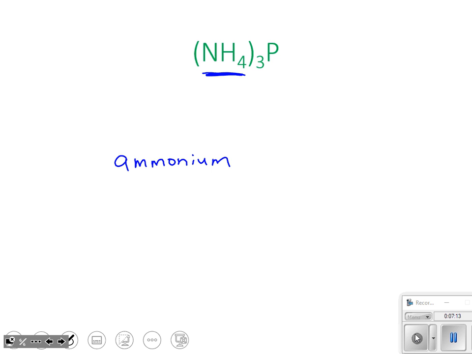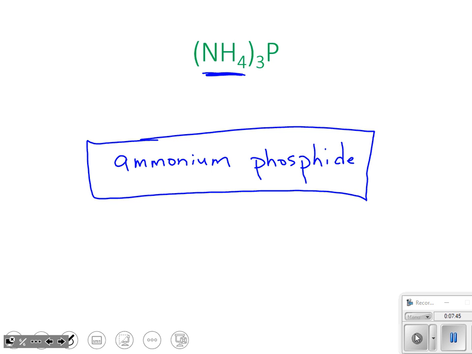So I have ammonium and P. I look on my ion list, and on my monoatomic anions, I find that P is phosphide. That IDE ending tells me it is monoatomic. So, final answer, ammonium phosphide.